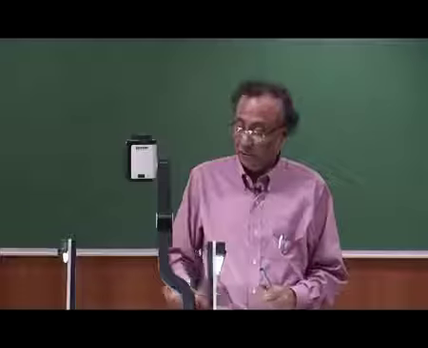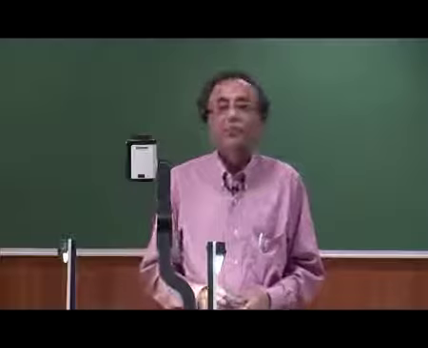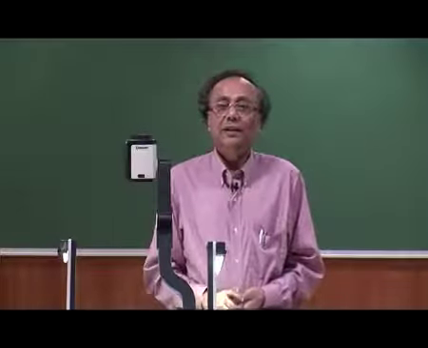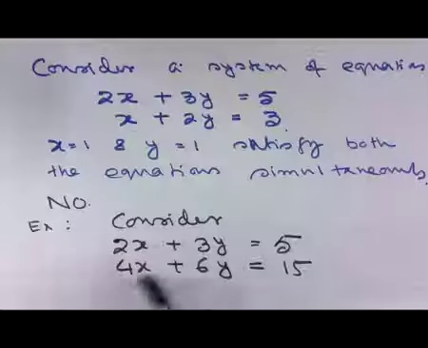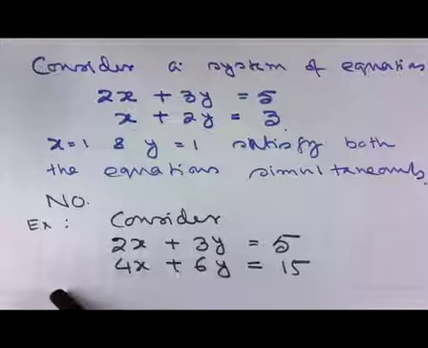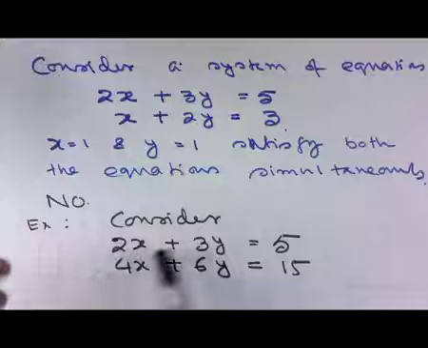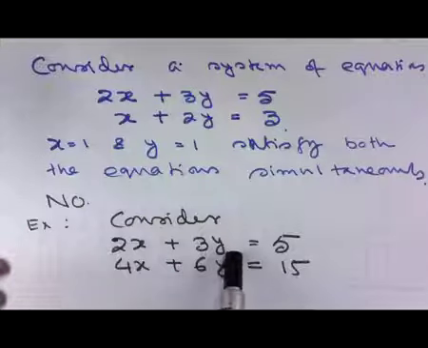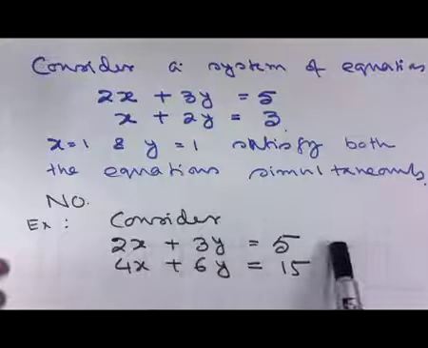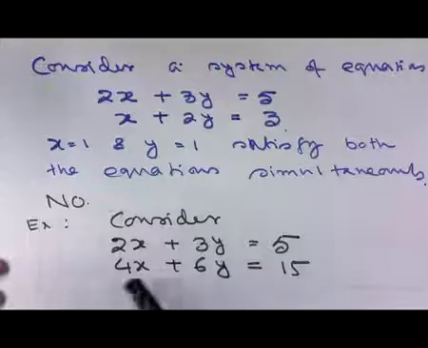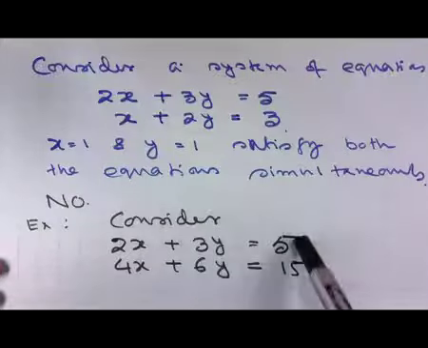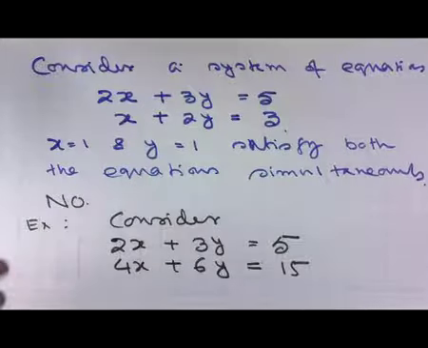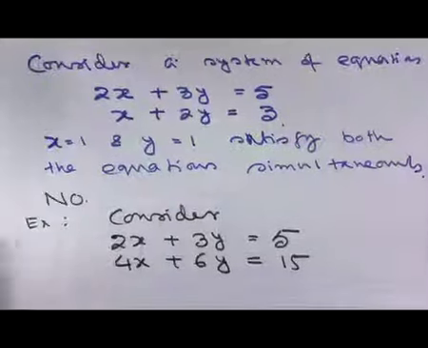Suppose you are given two such equations, it is very clear there cannot exist any x and y which satisfy both of them simultaneously, because if I multiply the left hand side of equation 1 with 2, we get 4x plus 6y, but on the right hand side we get 15, therefore, it cannot be satisfied.